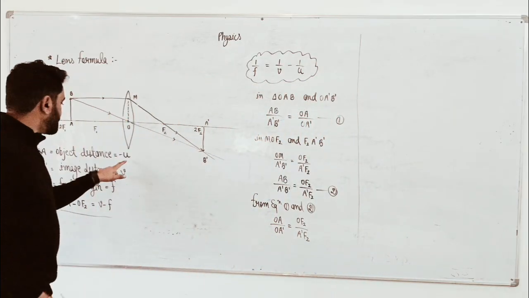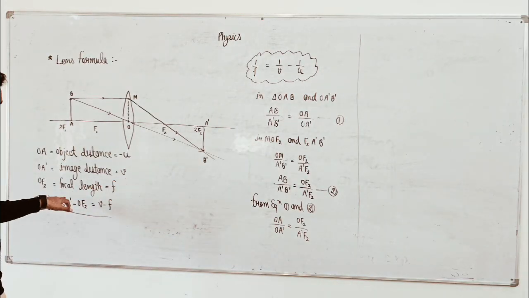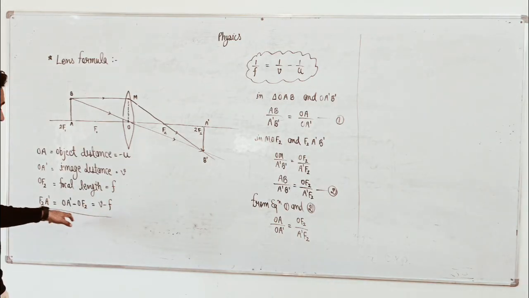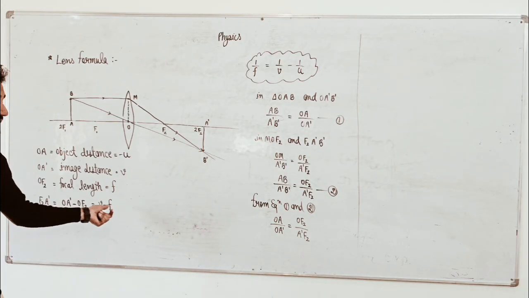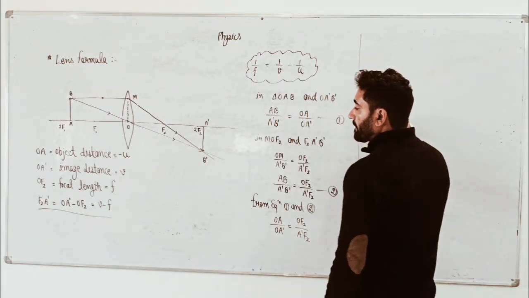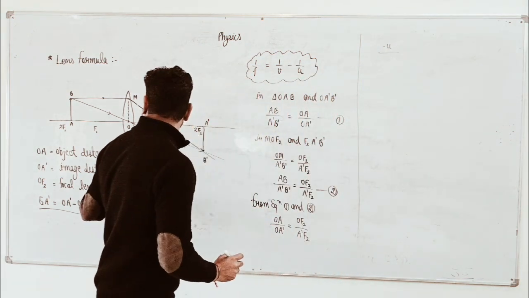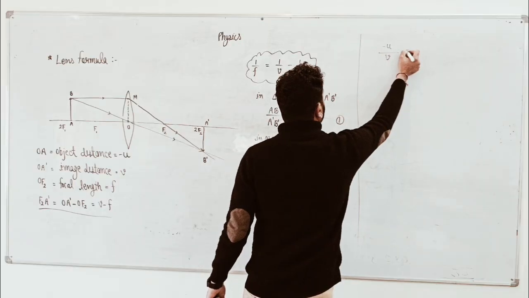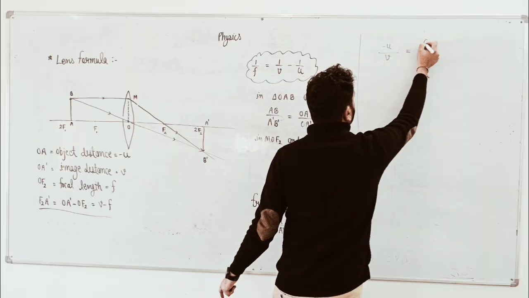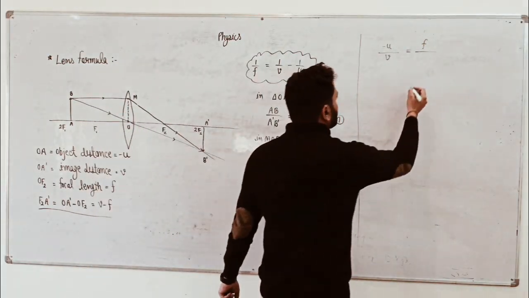We know that OA is equal to negative U, OA dash will be equal to V, OF2 will be equal to small f, and F2A dash or A dash F2 will be equal to V minus F. So we are putting these in this equation.